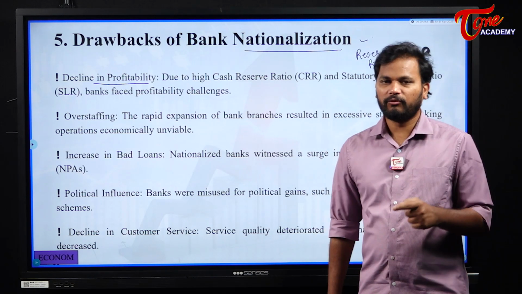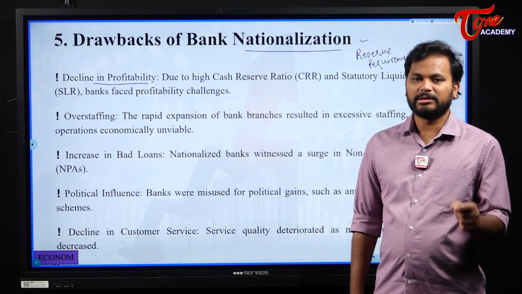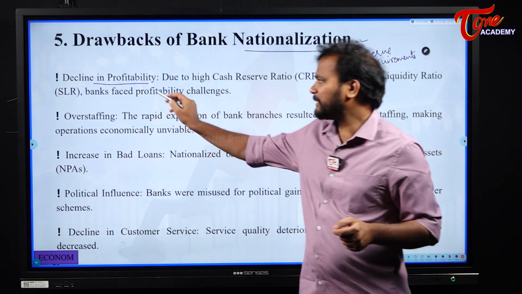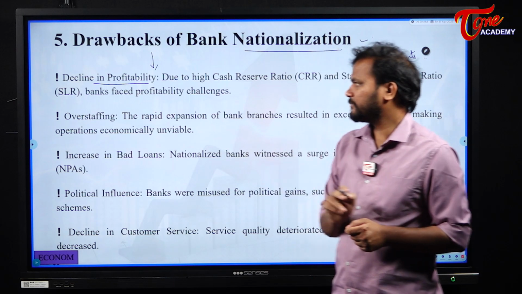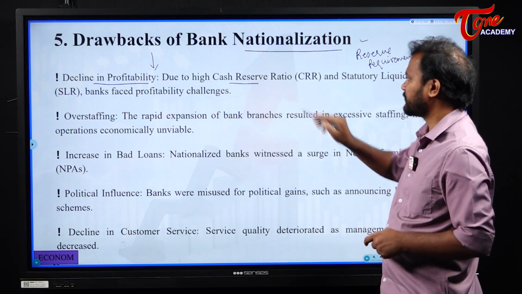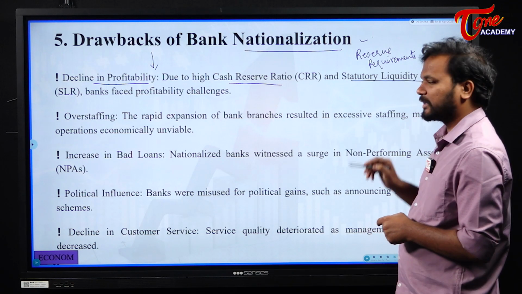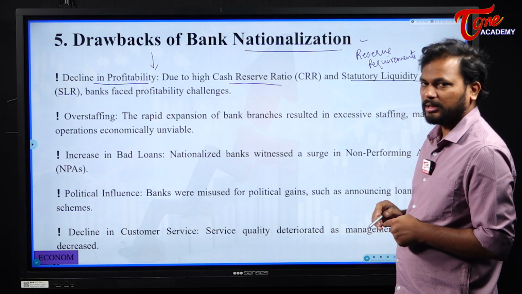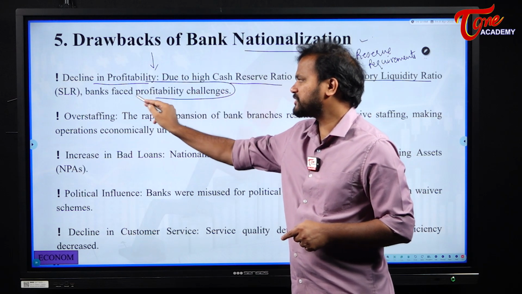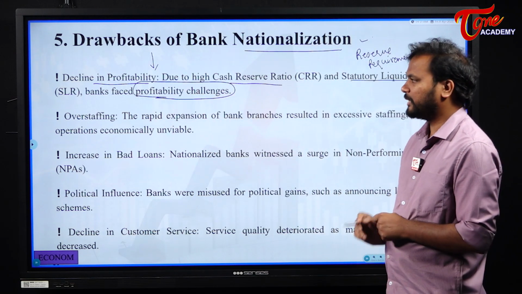As a consequence of meeting the reserve requirements, the profitability will decrease. You need to pay the cash reserve ratio. You need to maintain certain deposits in the form of the SLR. That might pose a challenge to the profitability of the banks.